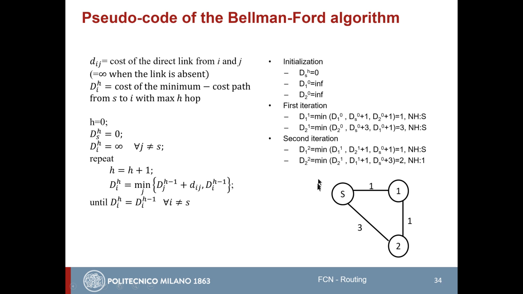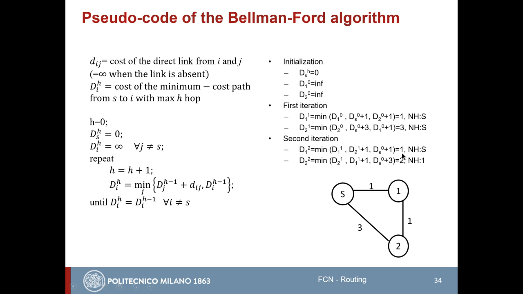Second iteration. Now for node 1 we have the minimum between the previous distance, that was 1, then the distance at the previous step of node 2, which was 3, plus 1, 4, and the distance of the source plus 1, which is again 1.